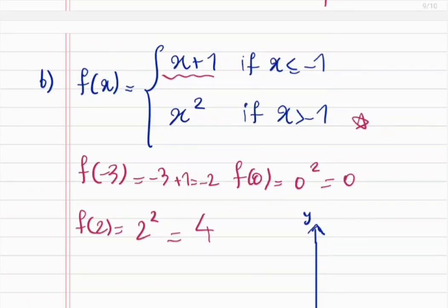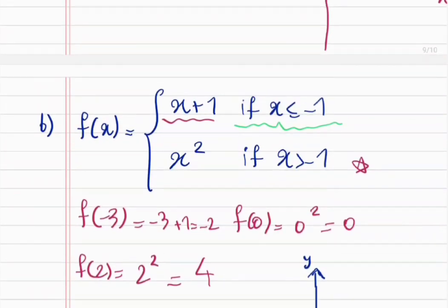Okay, so let's look at this straight line. Let's start with this one, which is x plus 1, and we can draw this for the values of x that are less than or equal to minus 1. First of all, consider y is equal to x plus 1.